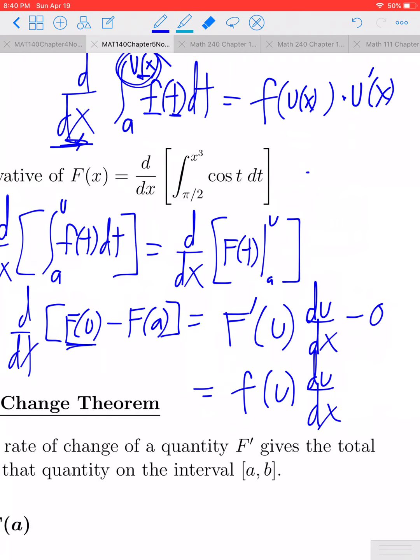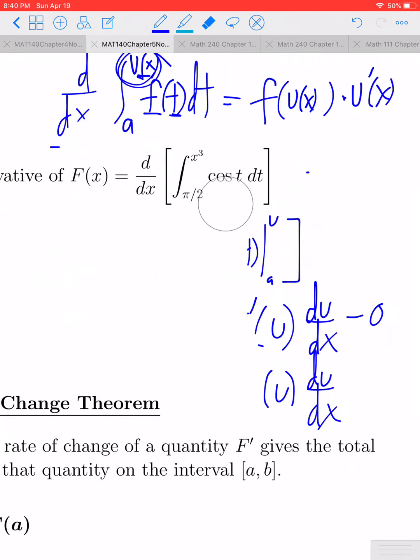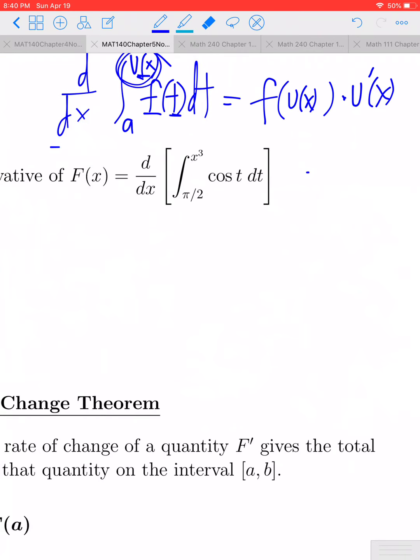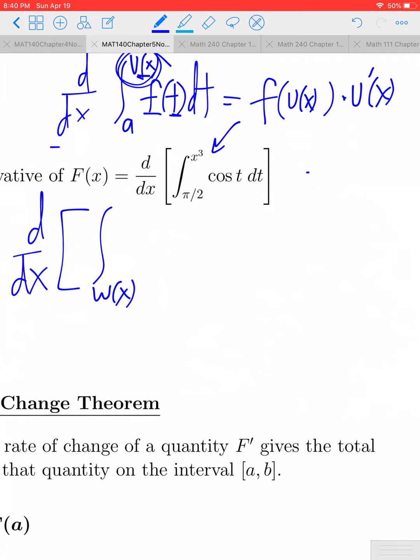If you want to, you can generalize this even further. We're not going to do this in our class, but it's possible instead of having just a variable upper bound, you could even have a variable lower bound as well. So in even more generality, just for food for thought, let's call this w of x, let's call this u of x, f of t dt. A more generalized version of the second fundamental theorem of calculus would say the following.